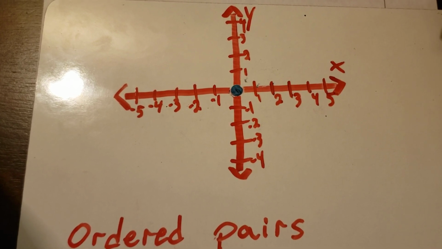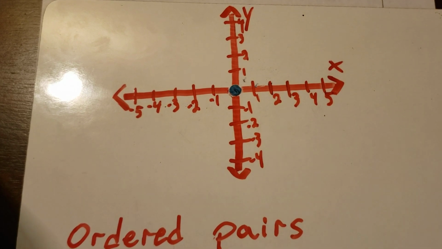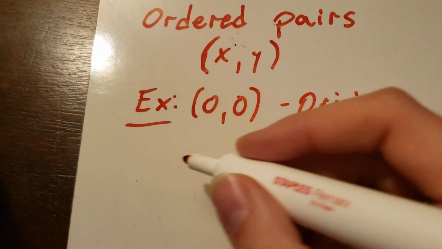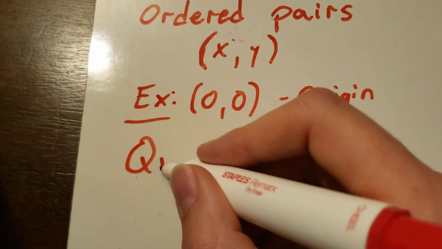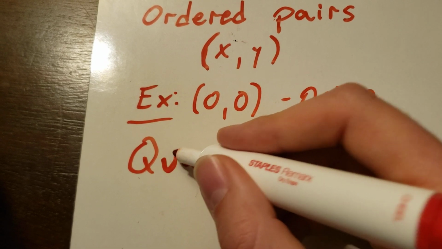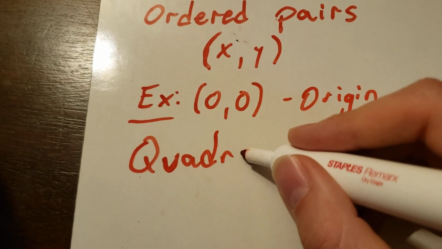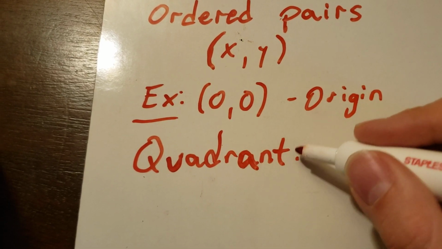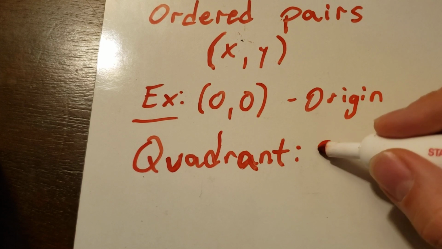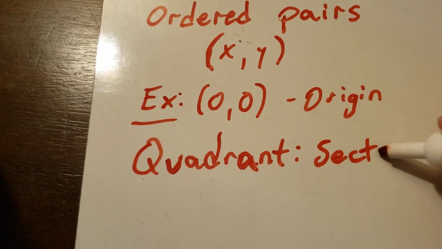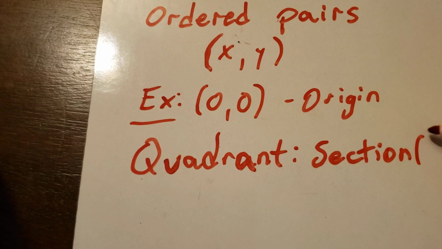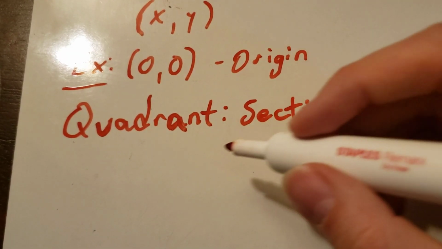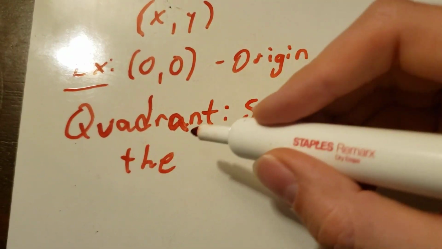Now, there is something that we need to talk about, and that is this fancy word, quadrant. That's a U. B-R-A-N-T, quadrant. Now, a quadrant is a section or sections of the coordinate plane.